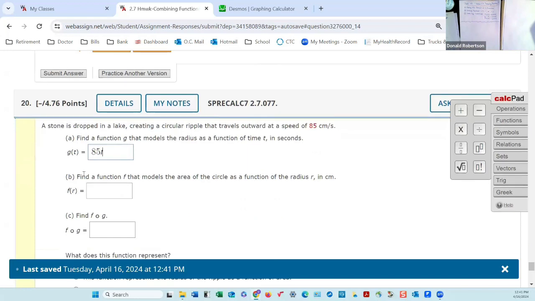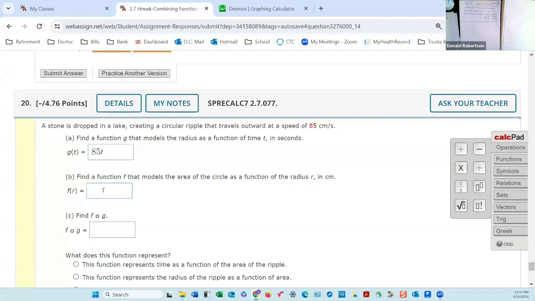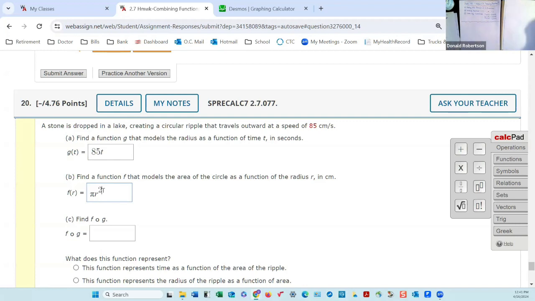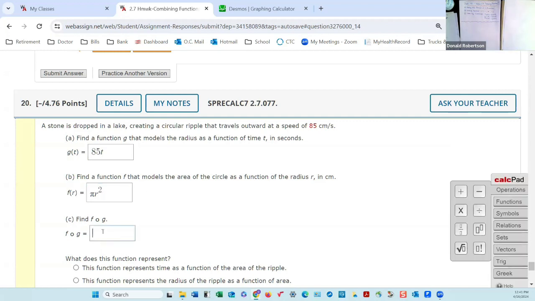Now, part B, find a function that models the area of a circle in terms of its radius r. Well, as far as I remember, a circle's area is pi radius squared. Now, that is the area function in terms of r. But what would f of g be?